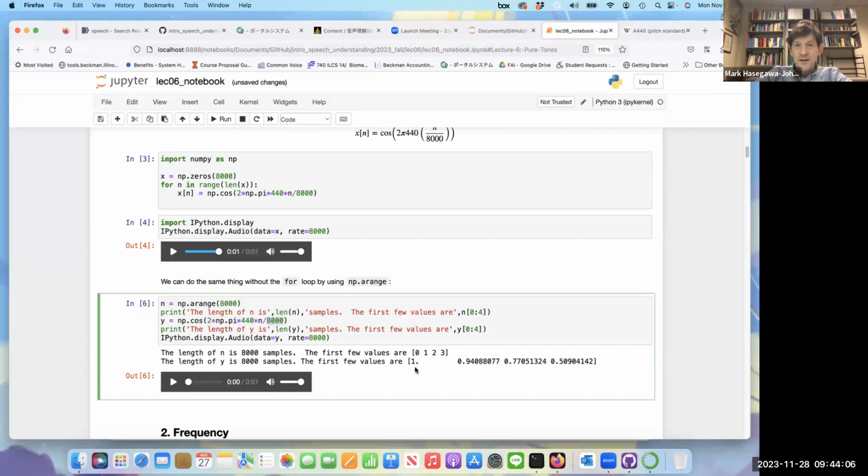So the cosine of 0 is 1, the cosine of 2 times pi times 440 times 1/8000th is 0.94, and so on. And then in that way, I can create an array y that I can play at 8,000 samples per second, and it sounds the same.